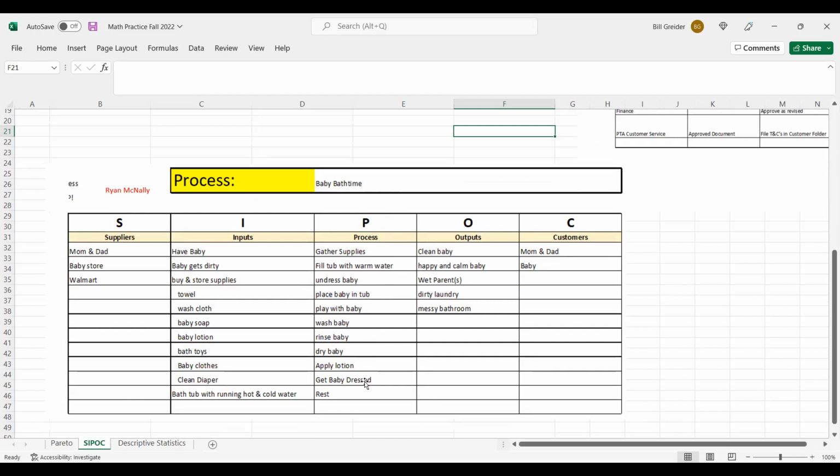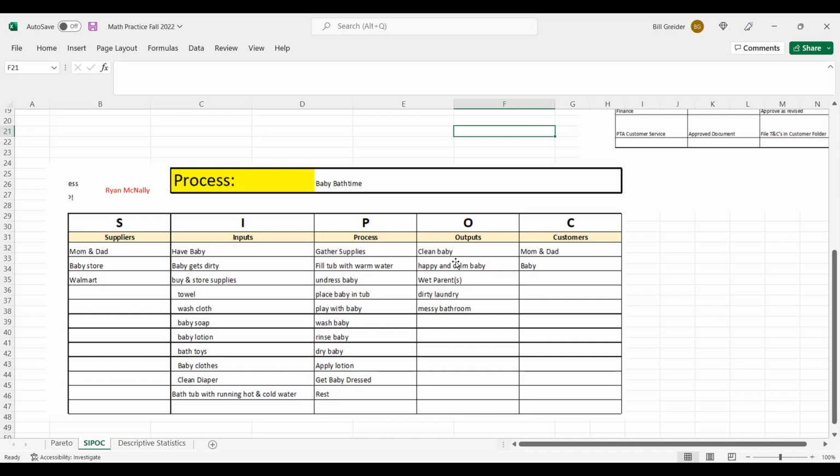And then we go outputs, inputs and then suppliers, and then customers. So in this case, baby bath time: gather supplies, fill the tub with warm water, undress baby, place baby in tub, play with baby so they don't start screaming, right, Bill? Wash baby, rinse baby, dry baby, apply lotion, get baby dressed, and then rest.